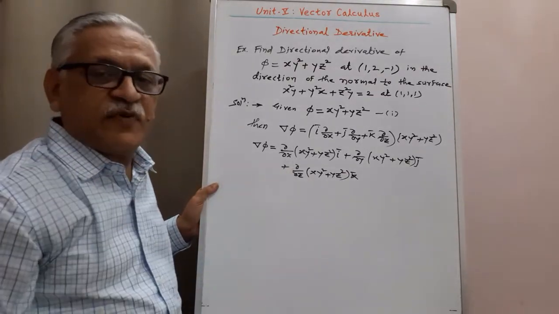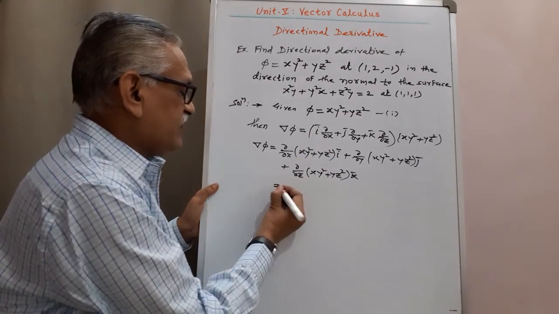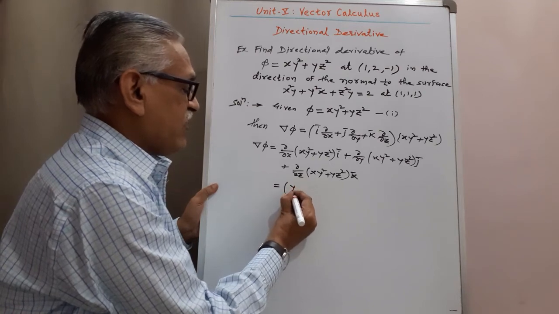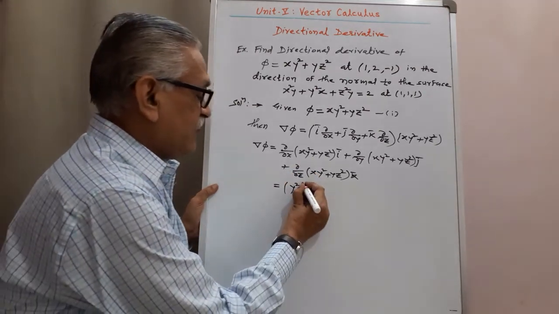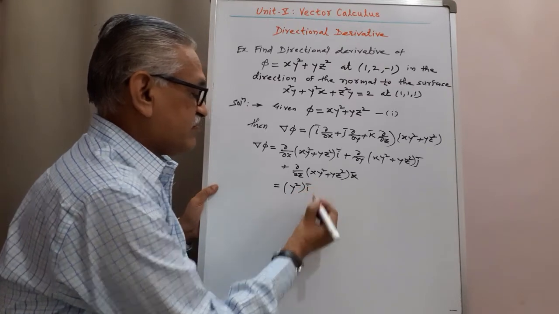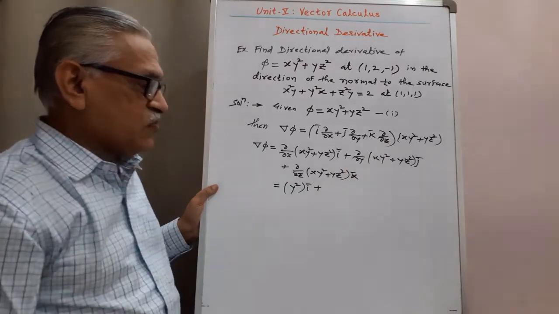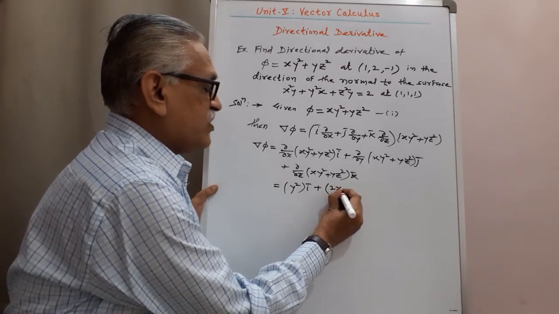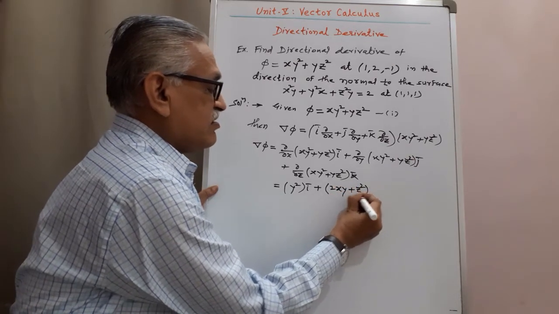While differentiating with respect to x, we consider y and z constant, so its derivative is y square, and the other term's derivative is 0, therefore y square into i. Then differentiating with respect to y, keeping x and z constant, we get 2xy plus z square into j.